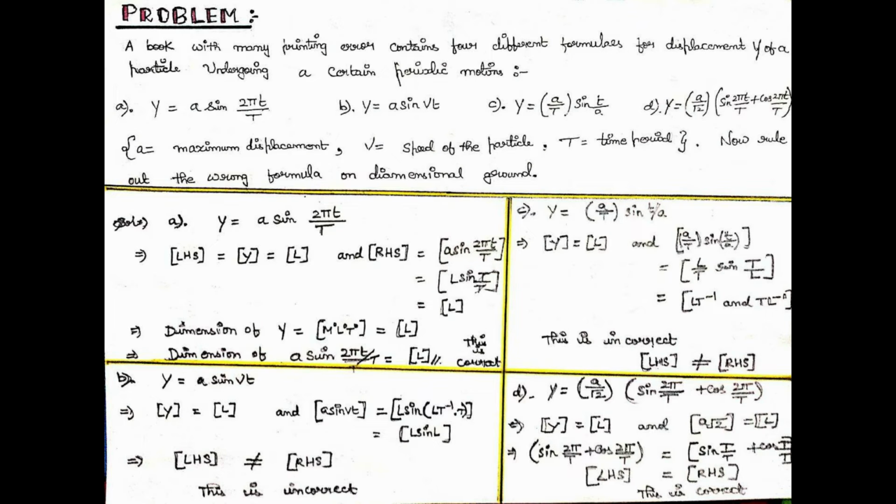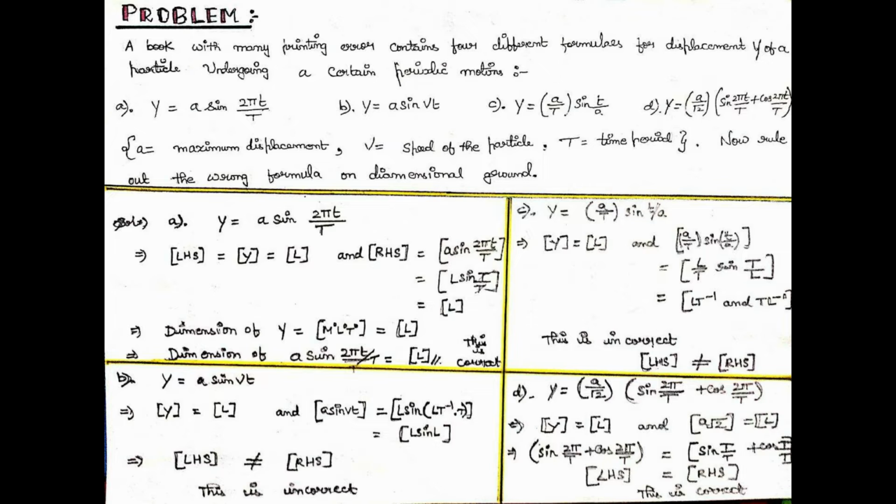Now let us move to a problem. A book with many printing errors contains four different formulas for displacement y of a particle undergoing a certain periodic motion. Option A, y equals a sine 2 pi t by T. Option B, y equals a sine vt. Option C, y equals a by T sine t by a.